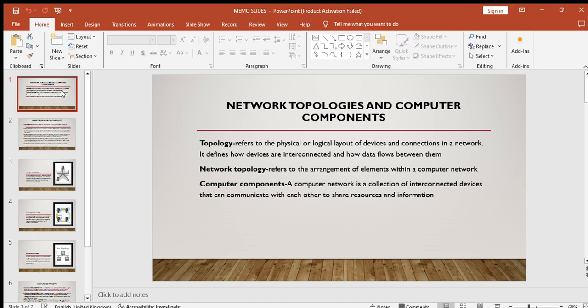Network topology refers to the physical or logical layout of devices and connections in a network, defines how devices are interconnected and how data flows between them. Okay, that is topology. I believe you've understood.